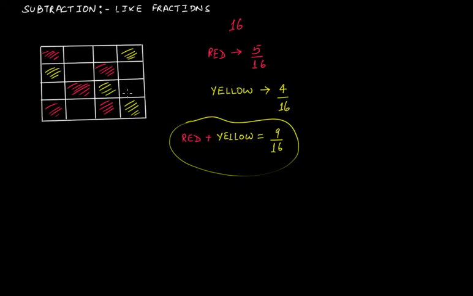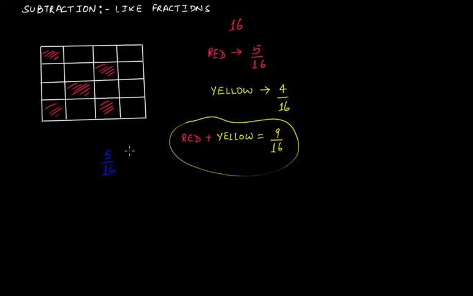What if I take out the yellow one from this, if I remove the yellow shaded portions and make them completely plain? You will say that now the fraction of the shaded portions of the whole will be, we are only left with 5 red portions, so this time we only have 5 by 16, right?